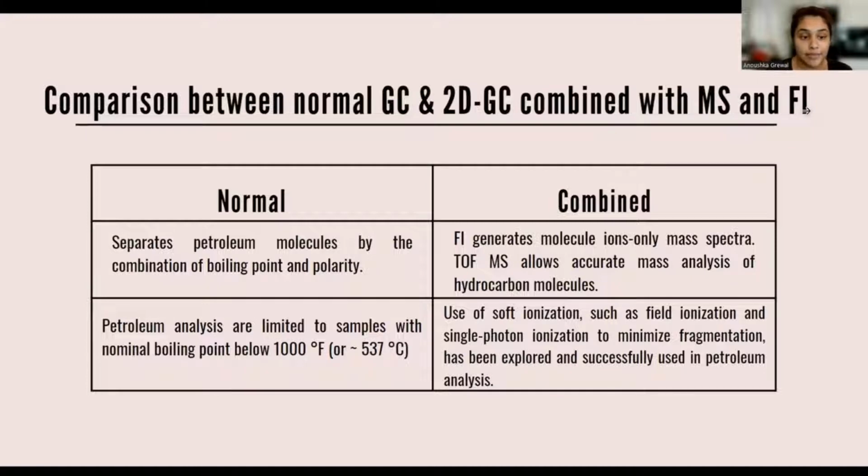Normal petroleum analysis is limited to samples with nominal boiling point below 1000 Fahrenheit, or around 537 degrees Celsius, while the combined method uses soft ionization such as field ionization and single photon ionization to minimize fragmentation, which has been explored and successfully used in petroleum analysis.